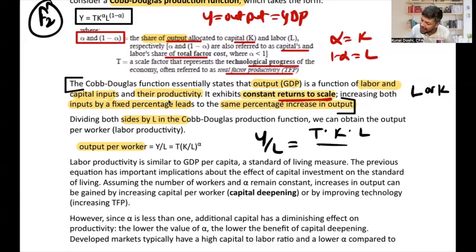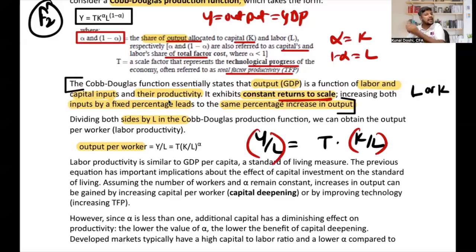What if I divide that by L? So L gets cancelled. Then you are only left with T and K. That is T times capital per labor. So output per labor is T into capital per labor.